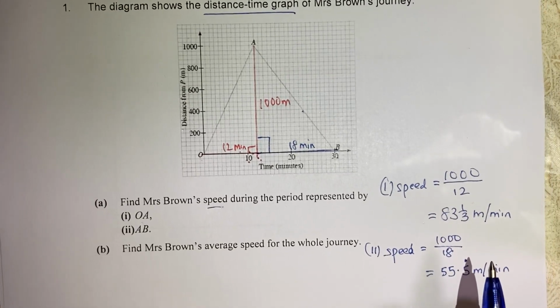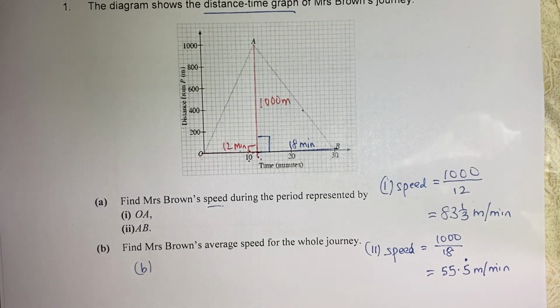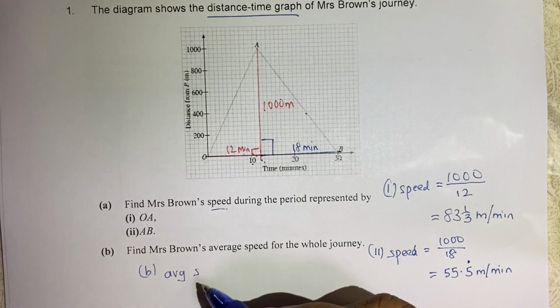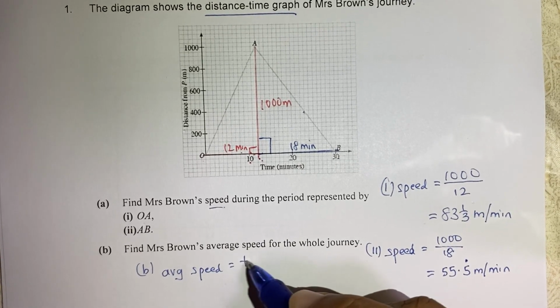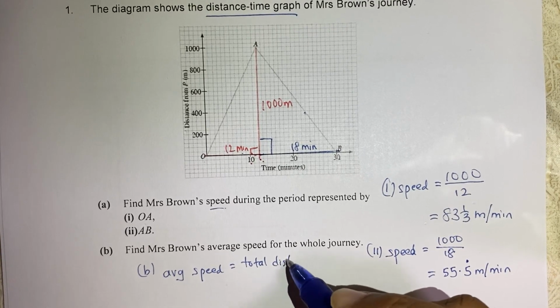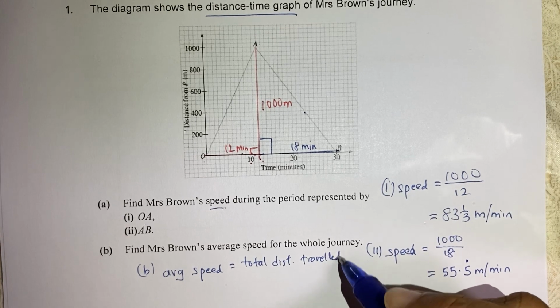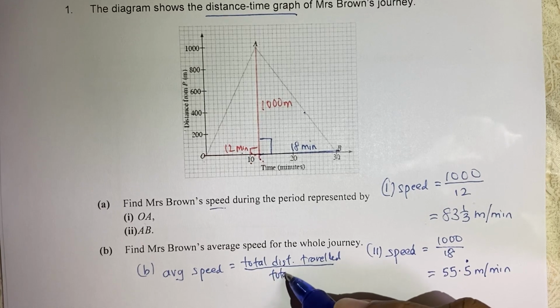Now, can we find Mrs. Brown's average speed then? Average speed is defined to be total distance traveled over total time taken.